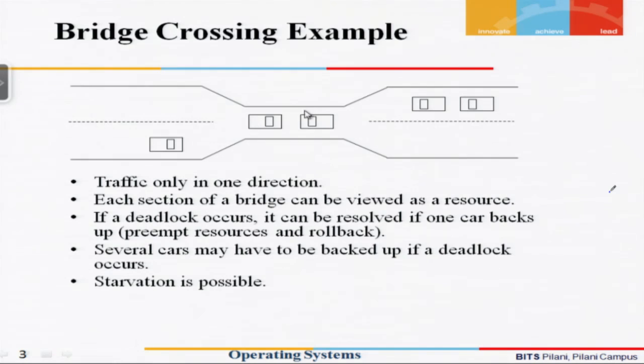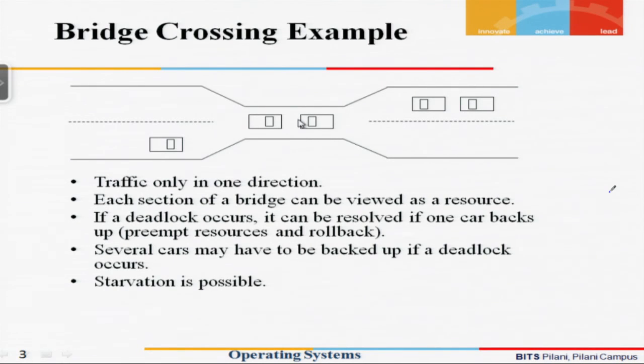Now there is no way that these vehicles can move further. There is a sort of traffic jam which occurs here, and there is no way that this traffic jam can be broken. Now metaphorically, if such a scenario occurs, how can the traffic jam be avoided?